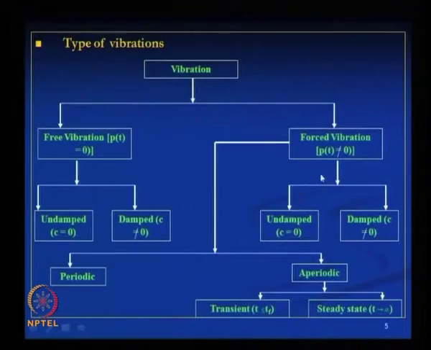One is undamped forced vibration when C equals 0, but P of t is non-zero. Another one is damped forced vibration, that is when C is not equal to 0 and P of t is not equal to 0.